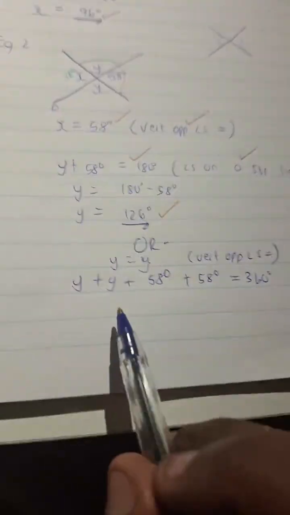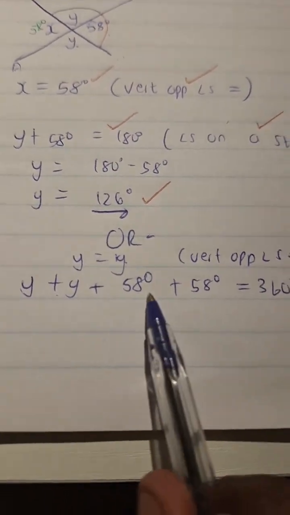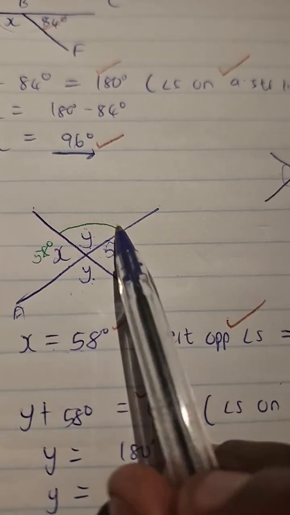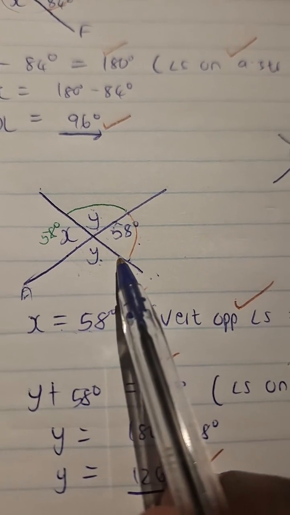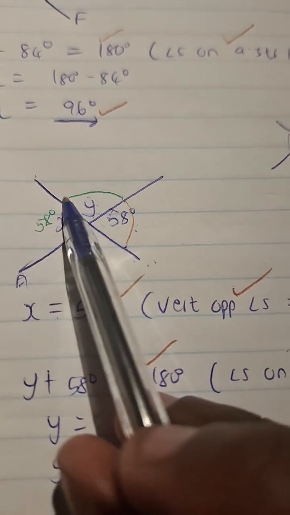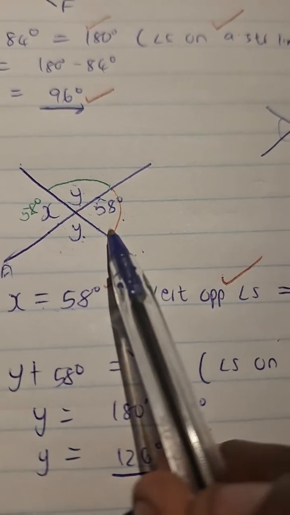So we'd say angle abc is equal to y, vertically opposite angles. Then we say y plus 58 plus 58. Because remember, for angles around a point, we have to have everything: this angle plus this angle plus this angle plus that angle. We're starting here. That angle 58 plus that angle y plus that angle 58, back to where we started.